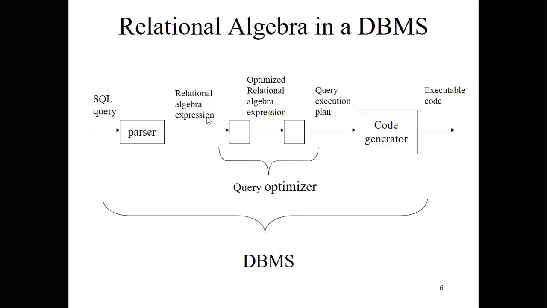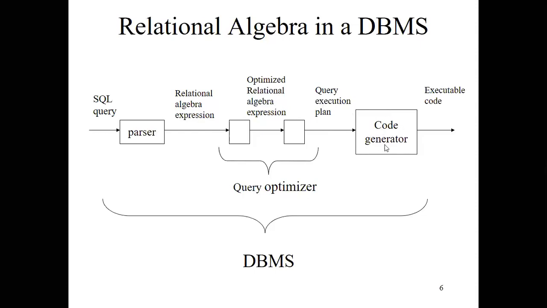So the relational algebra expression is converted to an optimized expression, and finally to a query execution plan, which is a tree-like structure. This will be passed to a code generator. This optimization work is done by the query optimizer component in the DBMS software.